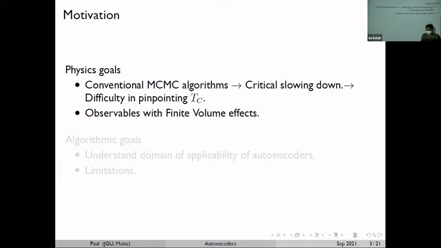That's why, for the past 30-40 years, we have come up with different algorithms, for instance the worm algorithm and these kinds of algorithms, to simulate close to the critical temperature.